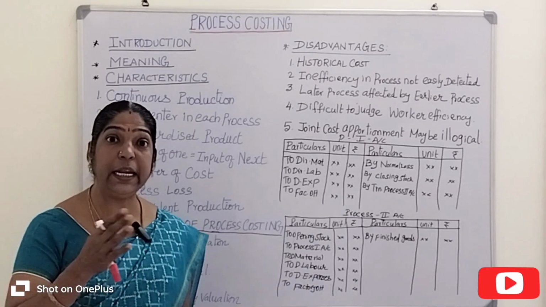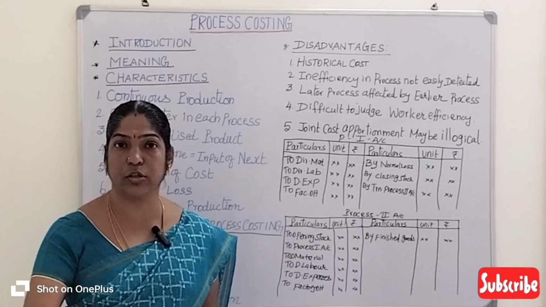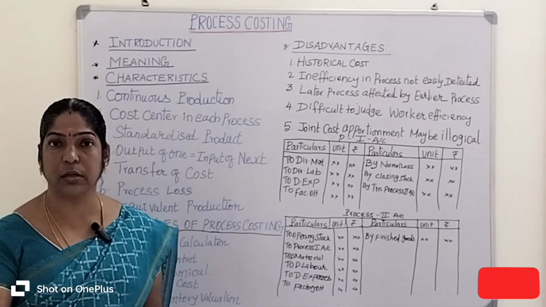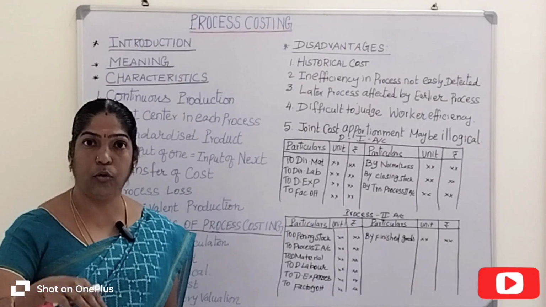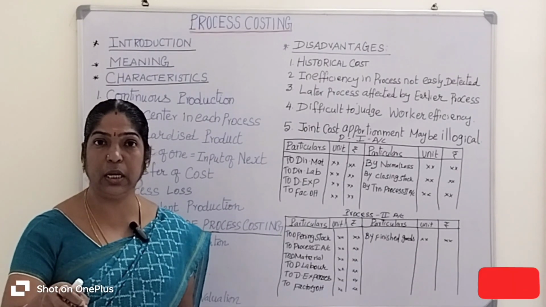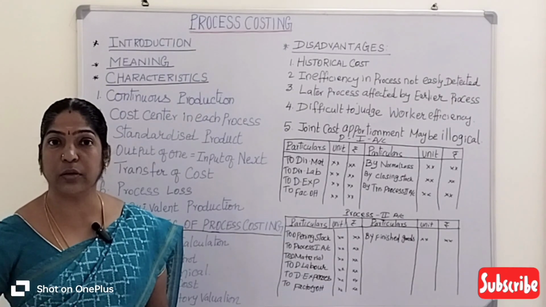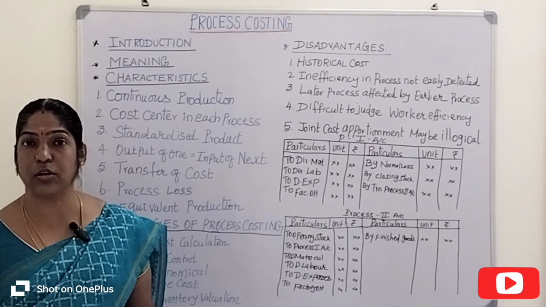Because while heating the soap, mixing and grinding the ingredients, mixing the chemicals with oils, during evaporation, during molding, while shrinking, we get wastages and scraps. All this we collectively call process loss.